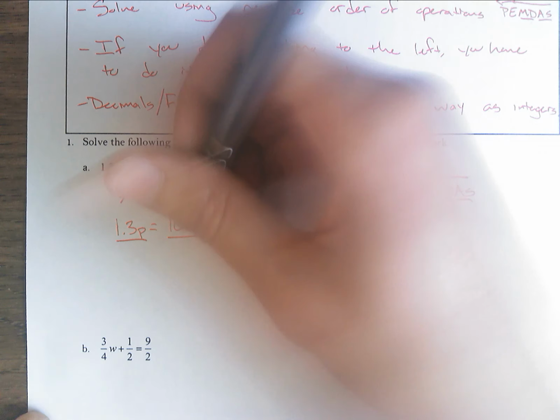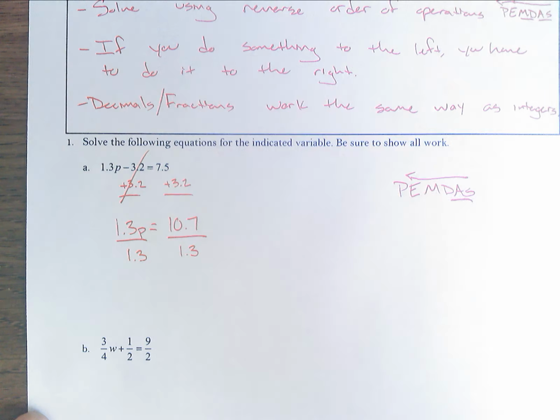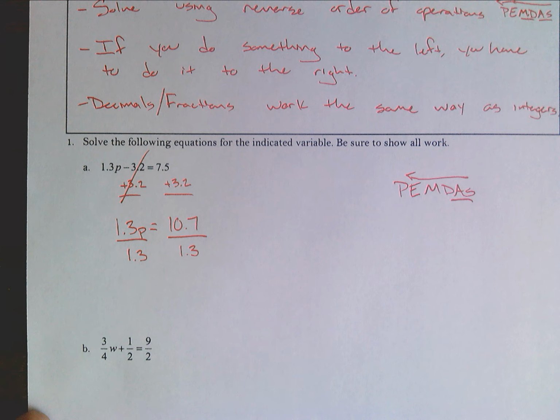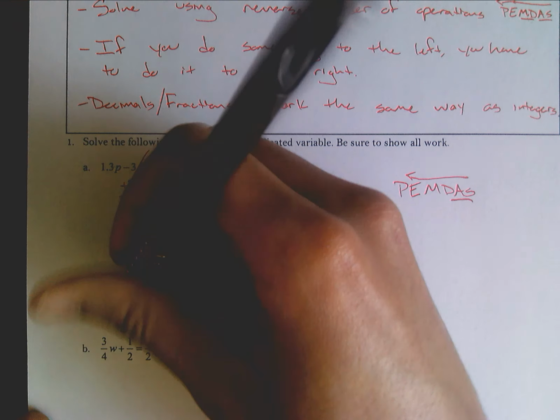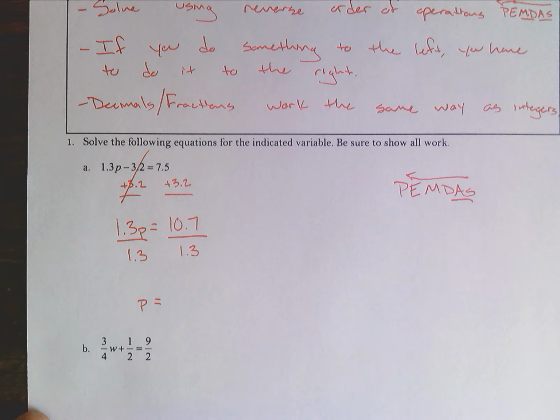Remember, we're trying to get p by itself. So we divide both sides by 1.3. On the left-hand side, the 1.3 and the 1.3 cancel. That's the whole point of dividing. So we have p, bring down the equals. And then on the right-hand side, we have 10.7 divided by 1.3.